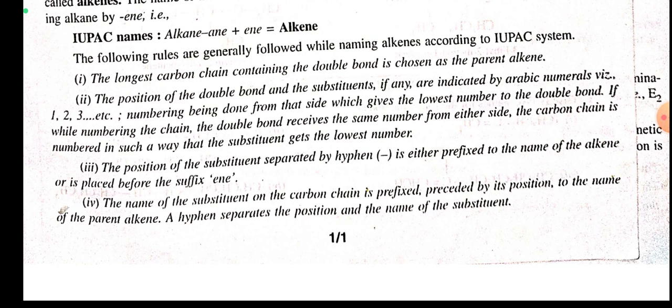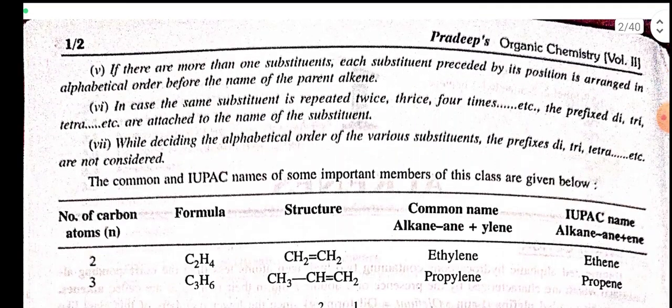The position of the substituent, separated by a hyphen, is either prefixed to the name of the alkene or placed before the suffix "ene". The name of the substituent on the carbon chain is prefixed, preceded by its position, to the name of the parent alkene. A hyphen separates the position and the name of the substituent.